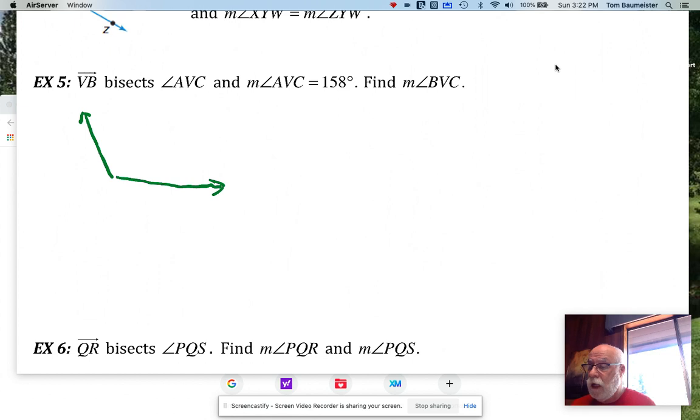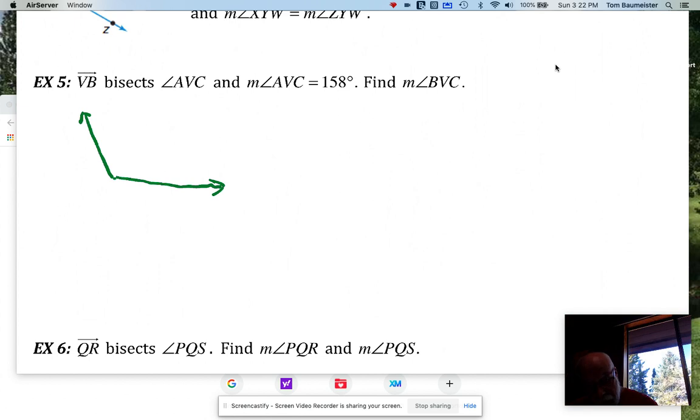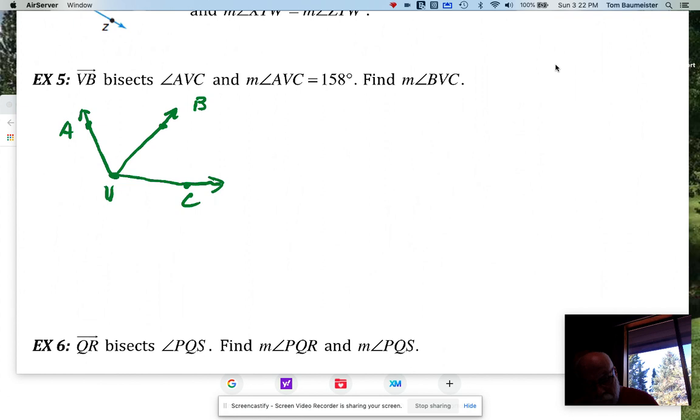Now it's telling us that VB bisects angle AVC. So it says to find the measure of angle BVC. So we're going to find this angle right here. But we know that that angle and that angle are the same.